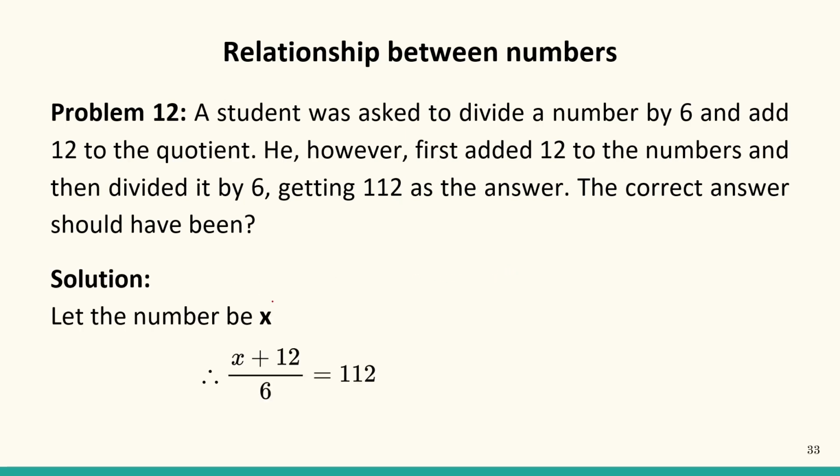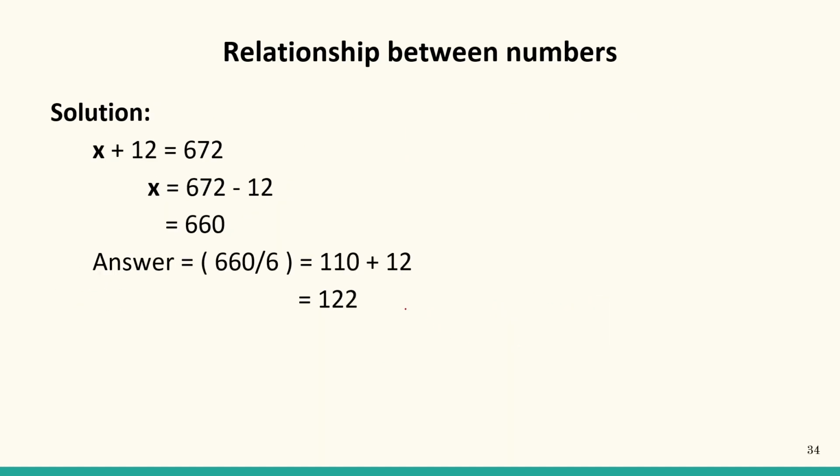So let the number be x. He added 12 and then divided by 6. So he got 112. So x is equal to 112 into 6 minus 12. 112 into 6 is equal to 672, and then by subtracting 12 from it, what we are left with is 660.